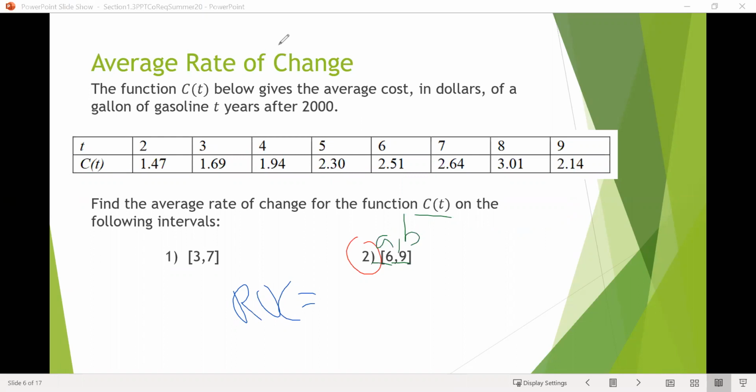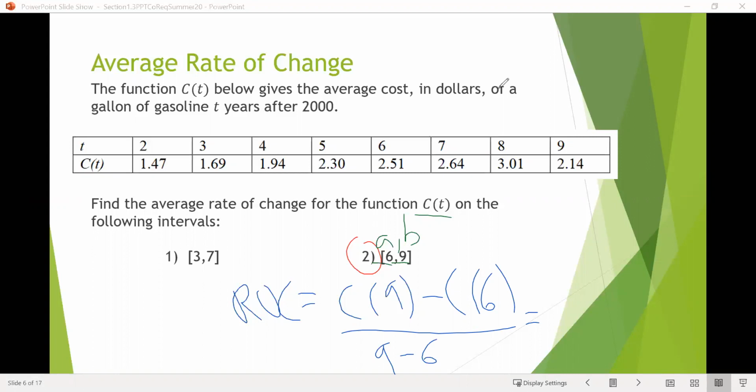So what we're doing is C of 9, since that's our b value, minus C of 6, since that's our a value, all over 9 minus 6. C of 9 from the function above is 214, minus C of 6 from up above, which is 251, all over 9 minus 6, which is 3.